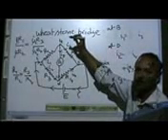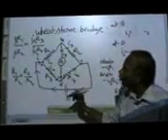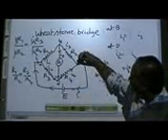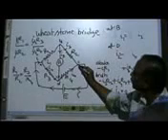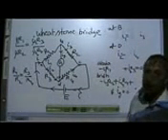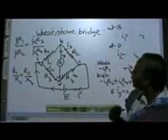That is one thing. Secondly, when this junction is considered, this current I4, why can't it go like that? It is going like this and getting back to the battery. Why?